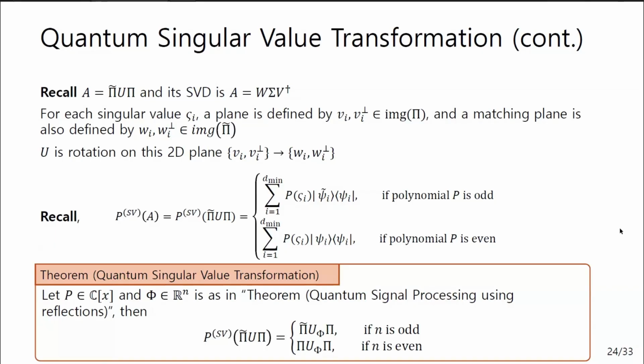And if the polynomial P is even, it is the sum of P of singular value sigma i times psi i and psi i.